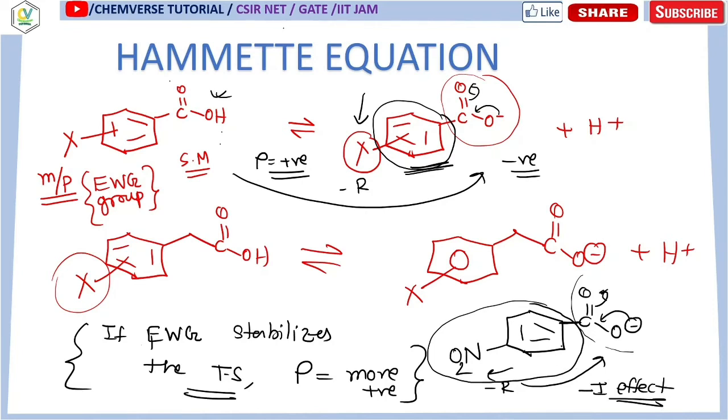So this is what I am trying to say, that for the carboxylic acid, the resonance effect, minus R or plus R, both are not valid. Suppose instead of NO2 I am taking a methoxy group in the para position. It should exert a plus R effect and it should destabilize the CO2 minus, but it is not going to happen, because it is not suitably oriented to destabilize the anion. So this is happening.